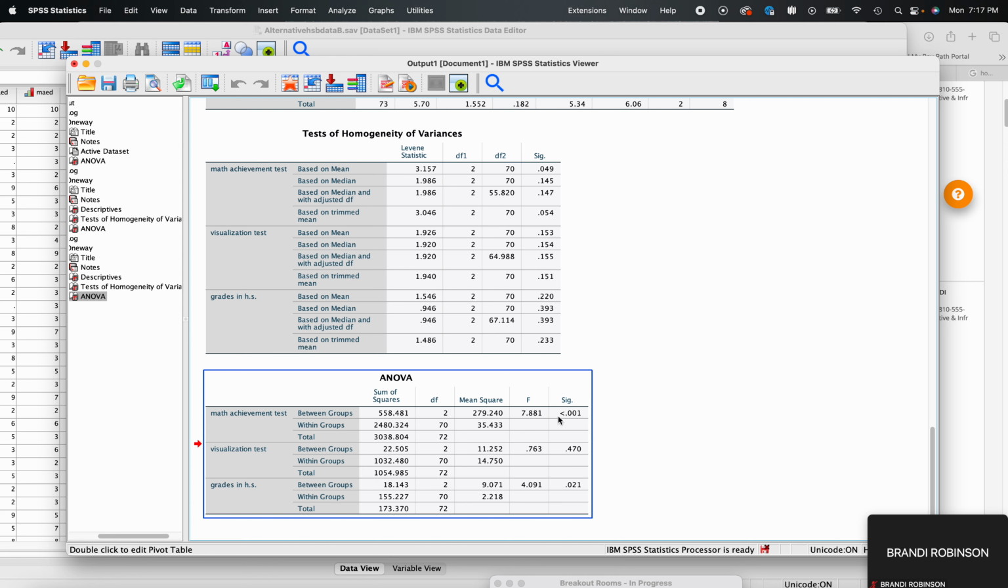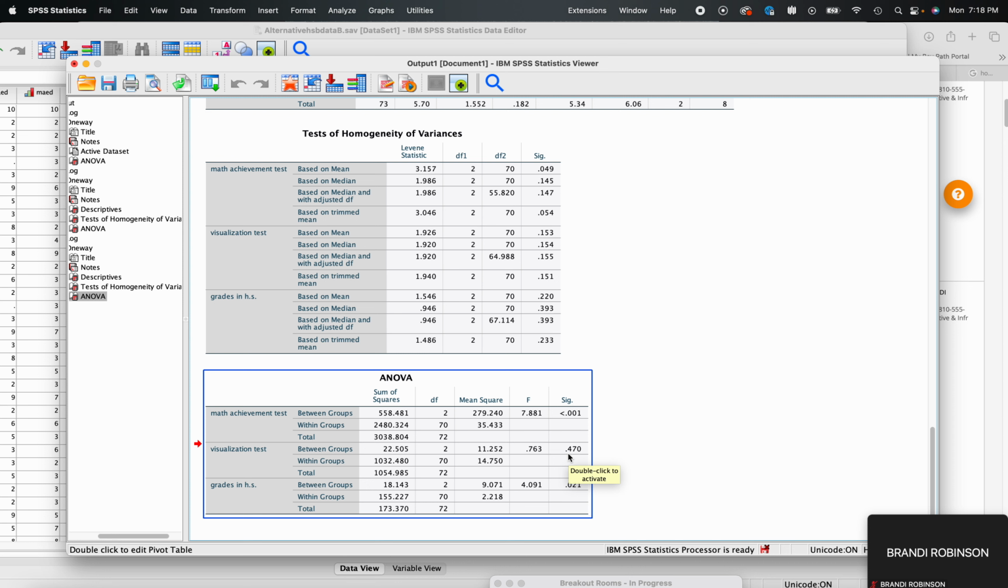Because my p-value is less than 0.05, I am going to reject the null that there's no statistically significant difference. Therefore, what am I saying? I'm saying that there's a difference in math achievement score for students whose parents have the different levels of education, or whose father. For visualization, though, I would fail to reject the null.